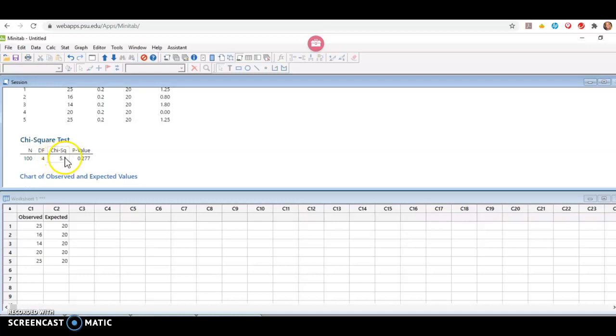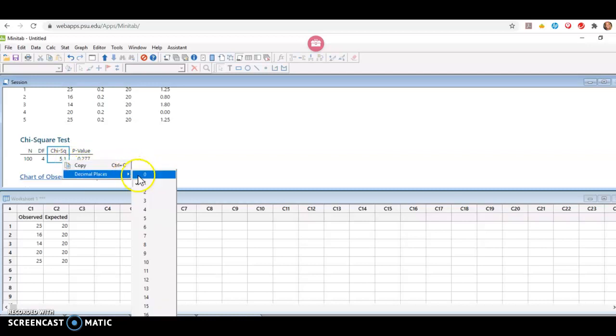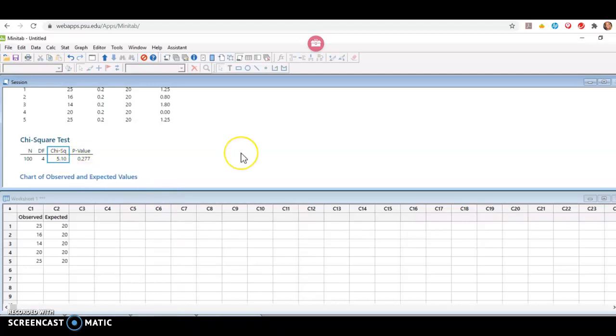The chi-square test statistic is this value here. Now in this particular problem, it's asking us to round that to 2 places after the decimal point. So on a PC, all I have to do is right-click there and go to decimal places, and I'm going to choose 2. And I see that that rounds to 5.10. And then the last column here is the p-value.